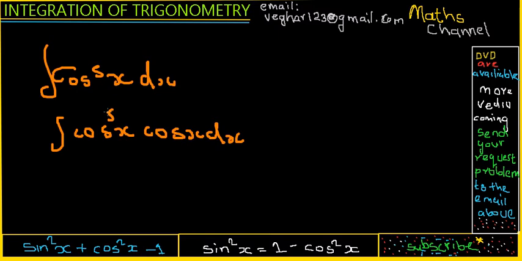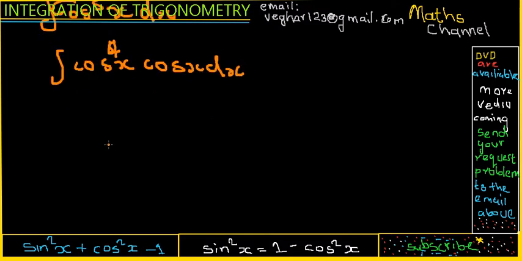And then when you split here, there's 4, and then you have to change, simplify it like this.